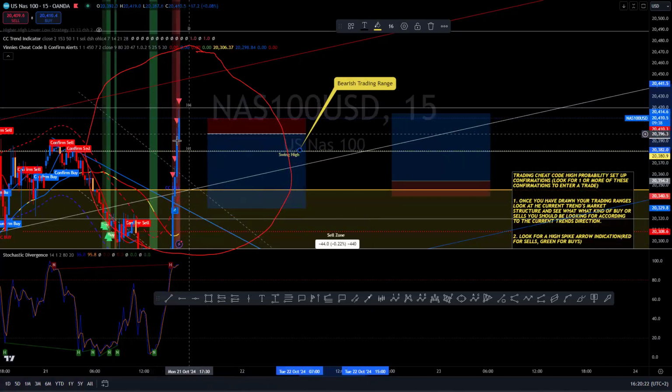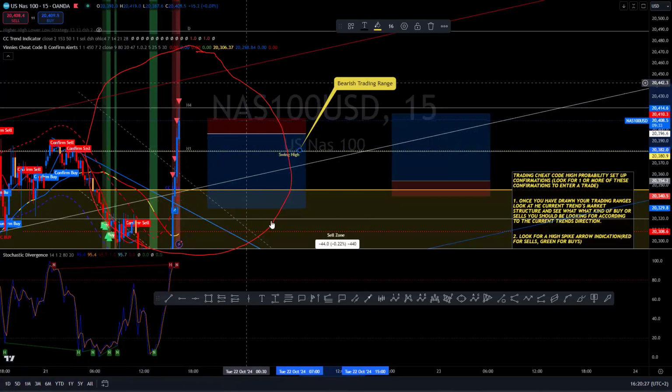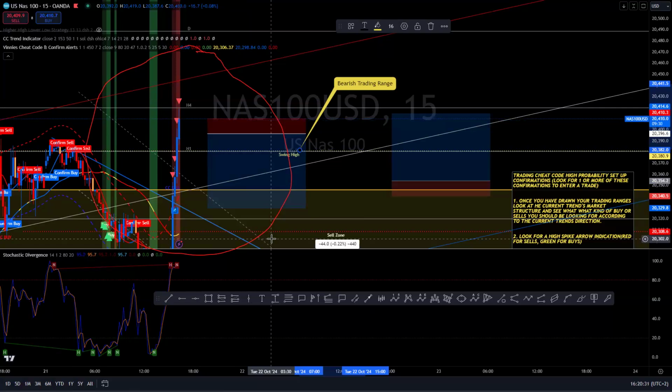If you get a retest sell, probably come out of this structure and then probably push that on. Probably go all through the structure.